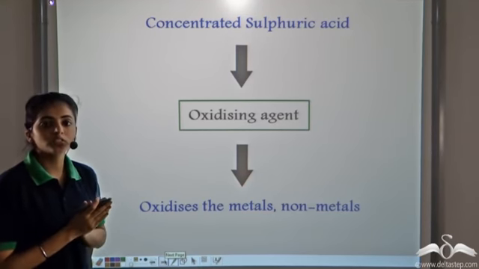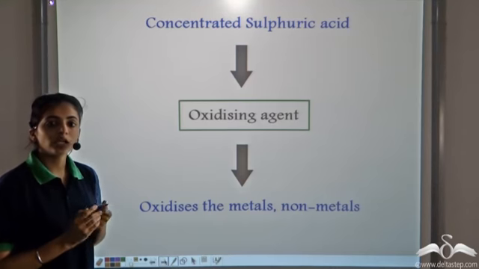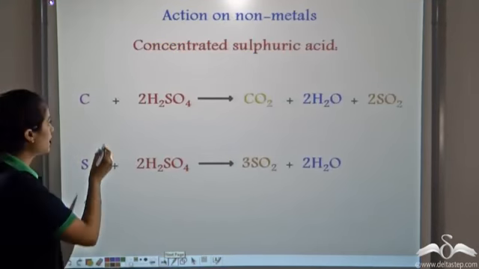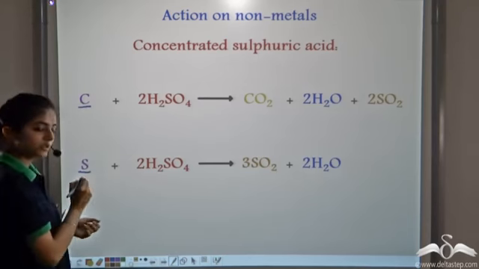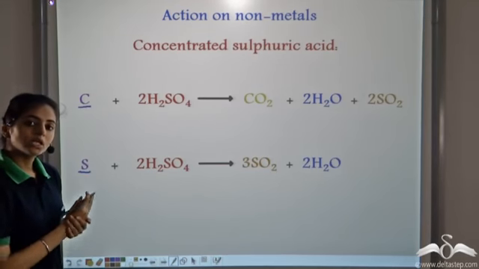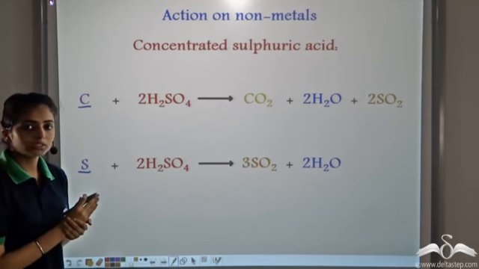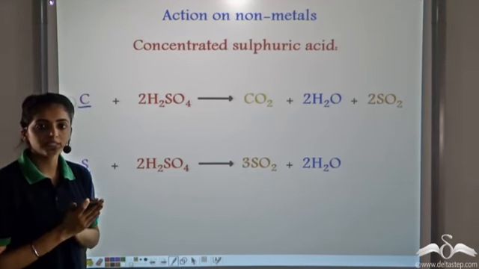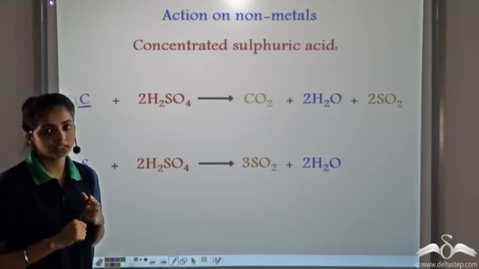Let's see how concentrated sulfuric acid reacts with non-metals. So now we have carbon and sulfur. They are non-metals. When they react with concentrated sulfuric acid, we know that concentrated sulfuric acid acts as an oxidizing agent.